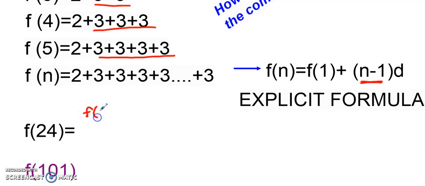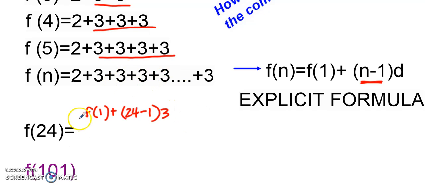So I have f of 1. I'm going to add my n minus 1, which is going to be 24 minus 1, because I'm looking for the 24th term here. And I'm going to multiply that by my common difference d, which is this 3 that I keep adding on each time.